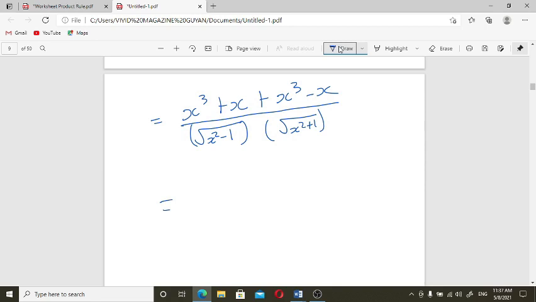So you're having 2x cubed because these two go. Then you have the root of, no, I shouldn't do this as yet. I need to explain that part. The root of x squared minus 1 and the root of x squared plus 1.